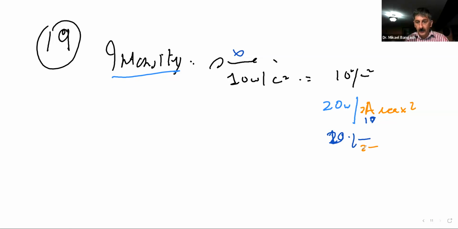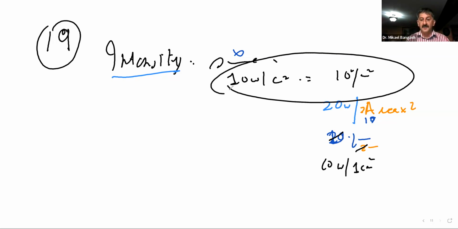And when we calculate it like this, 20 divided by 2 still becomes 10. The unit is still the same. So the intensity still remains the same, although the power was increased or doubled. Clear?